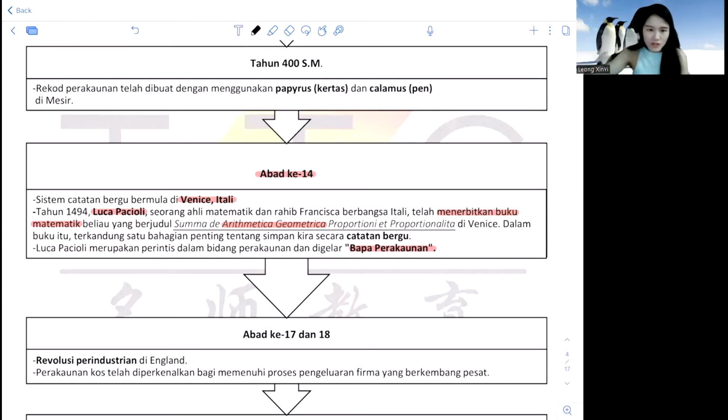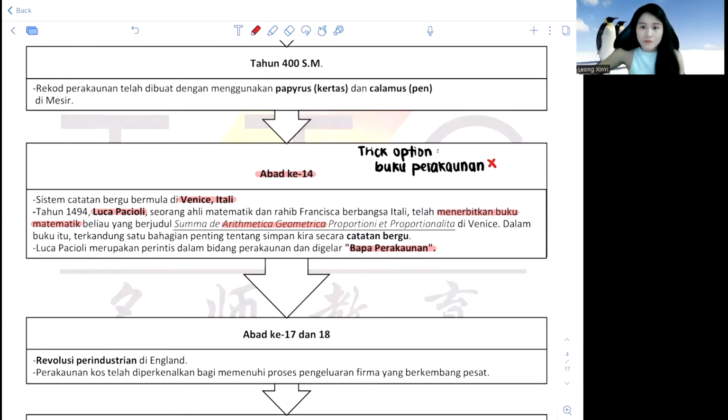Okay, yeah? So they will ask you, siapakah Bapak Perakaunan? Your answer, Luca Pacioli. And what contribution did he do? You don't go and choose buku perakaunan. No. Trick option. Buku perakaunan. This is actually wrong.